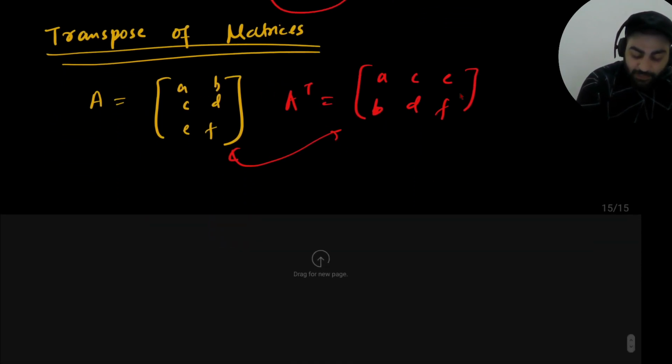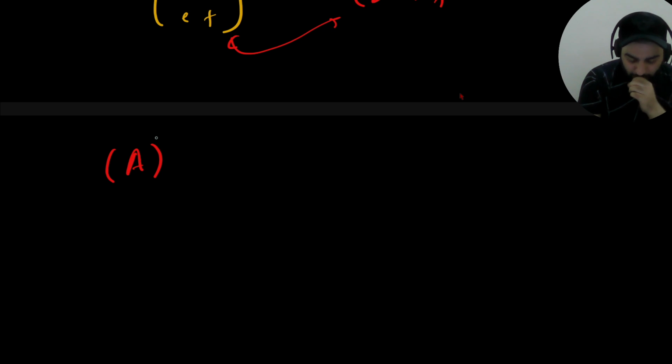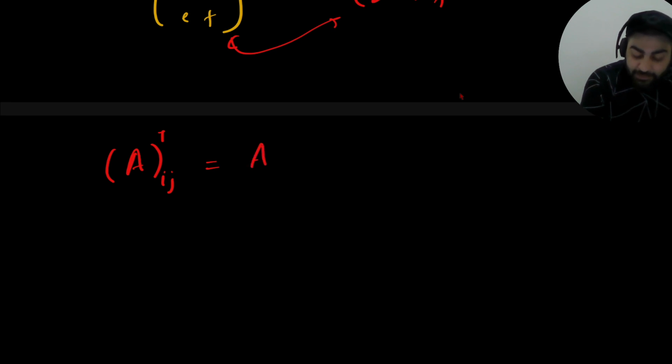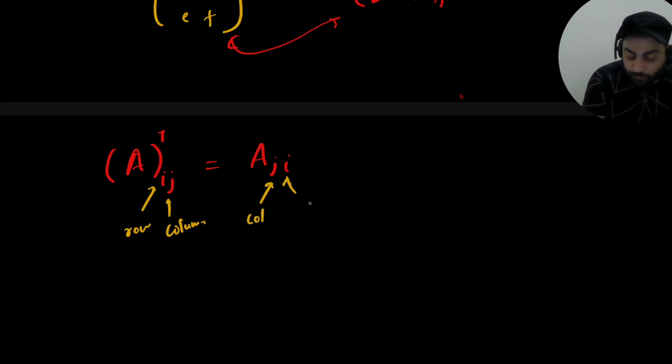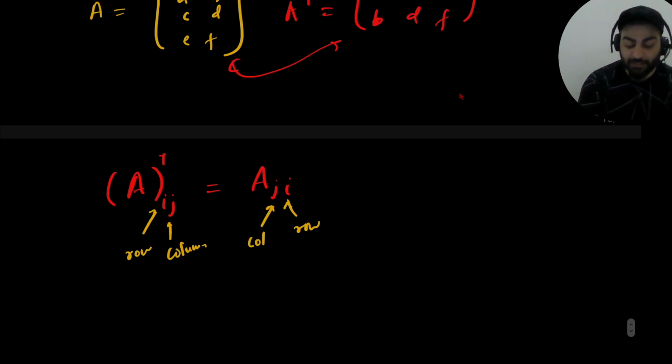So mathematically, how can I write it? If I have A transpose and I want its ij entry, that will be equal to taking the A matrix and its ji entry. This represents the row and this represents the column. Again, here I am changing which one is the column and which is the row. That is the concept of the transpose.